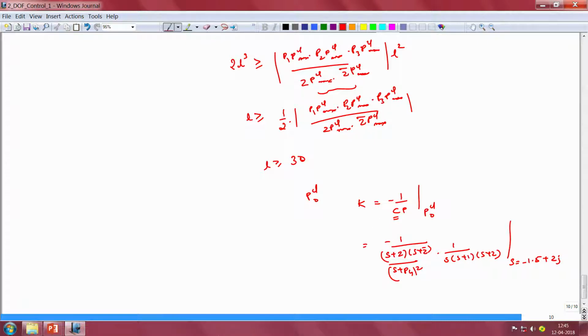If we compute the numerical value, we find K to be equal to 17,930. Therefore our feedback controller C is given by 17,930 times (S plus Z) times (S plus Z bar) divided by (S plus P4) the square.